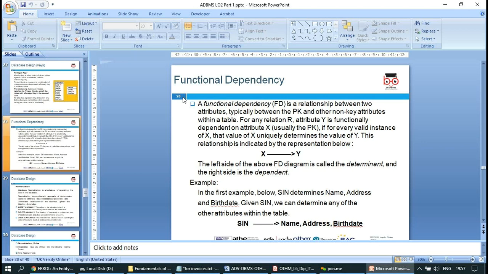It means you need to remove the redundant data, or the data and the fields depending on each other, which is basically called the dependencies. If you understand the dependency and if you can minimize the dependency, then the design would be functionally efficient.